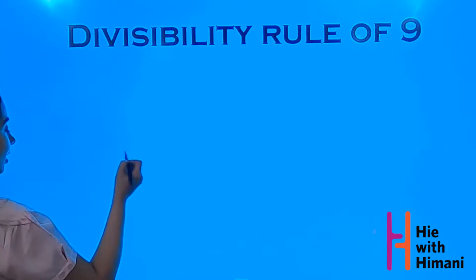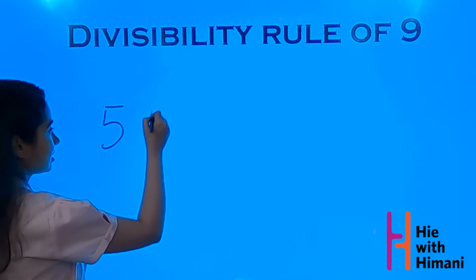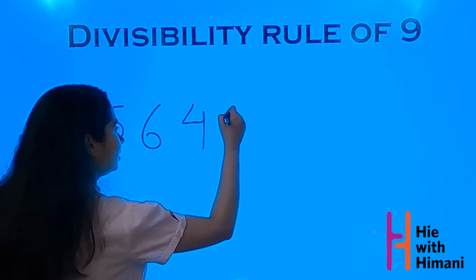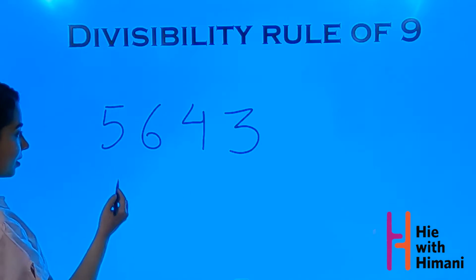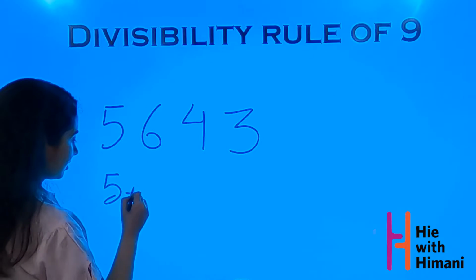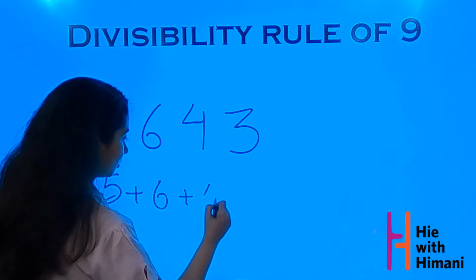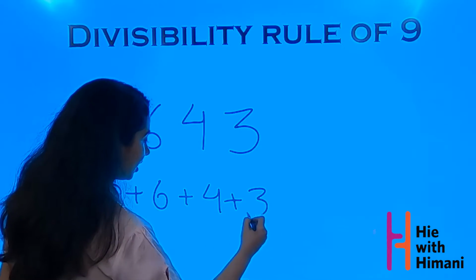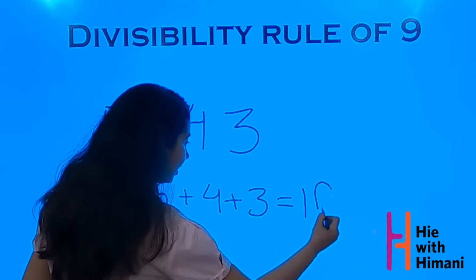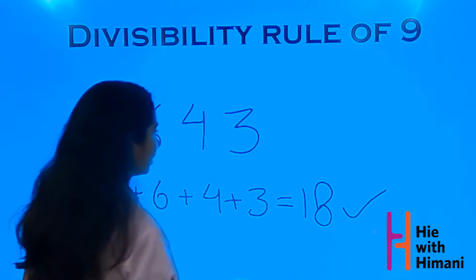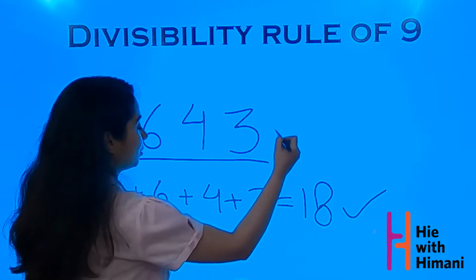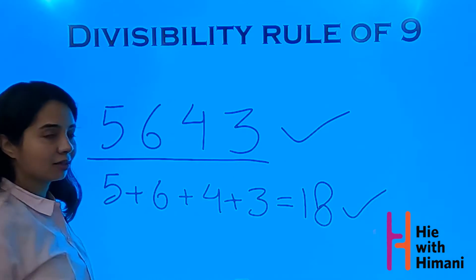So let's take any number, 5, 6, 4 and 3. If I add 5 plus 6 plus 4 plus 3, that will give me 18. 18 is divisible by 9. Therefore, this entire number will also be divisible by 9.